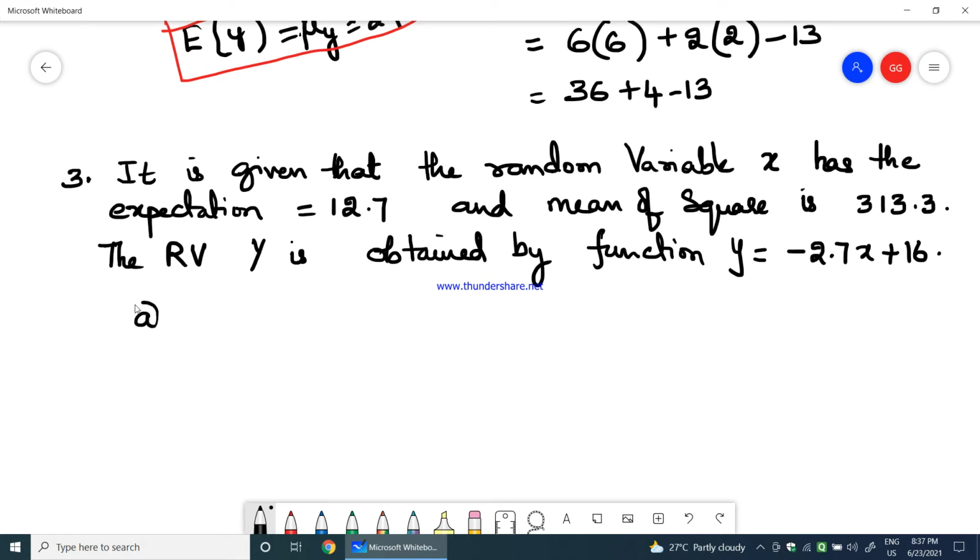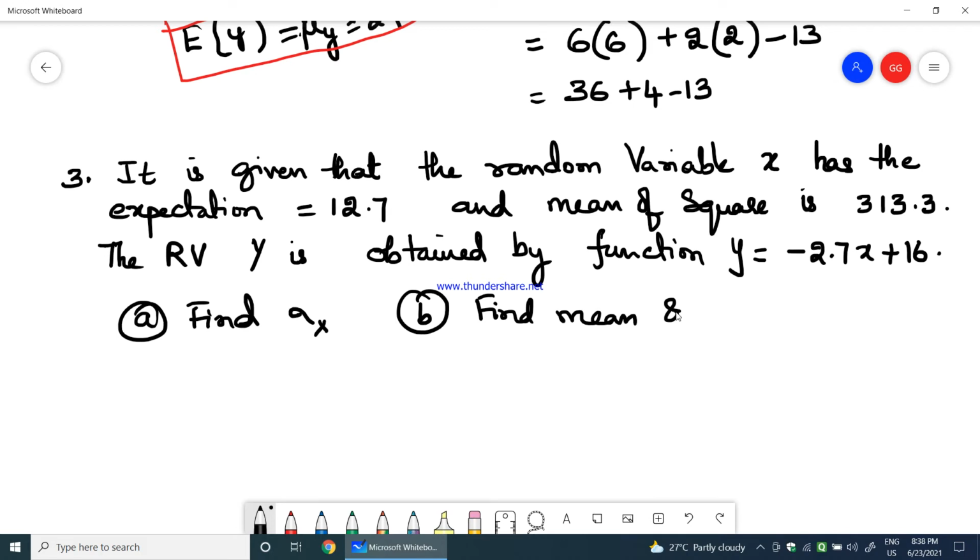So the first part of the question is find the standard deviation. So sigma x is nothing but standard deviation, and the second part of the question is find the mean and variance of y.